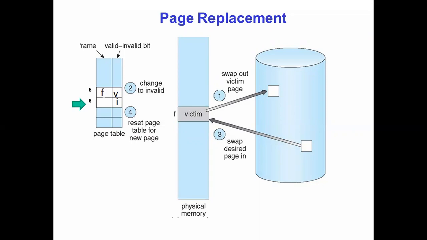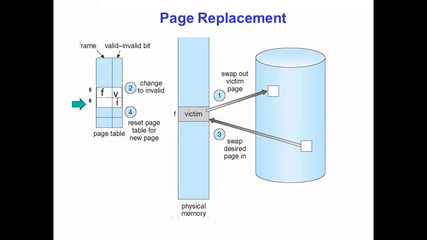So the page will come here into the free frame. This is F. F is the free frame. So the page will take over the free frame, and then we are going to remove the victim here.